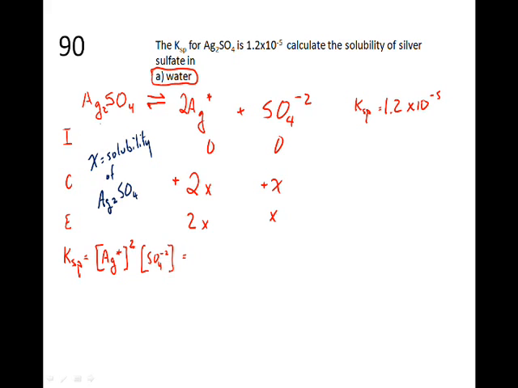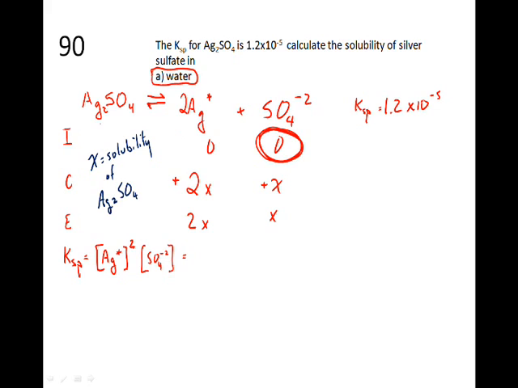But as you move on to the other parts of this problem, you'll find that instead of 0 here for sulfate, or instead of 0 here for silver, you may start with a quantity of that same ion from some other source.